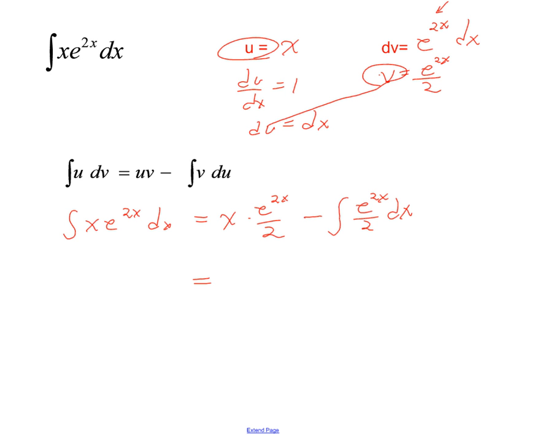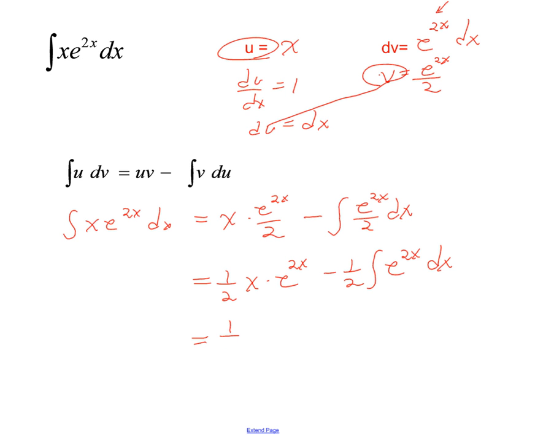So let's rewrite this as 1/2 x times e to the 2x minus, let's bring that 1/2 out front, the integral of e to the 2x dx. That I can integrate.